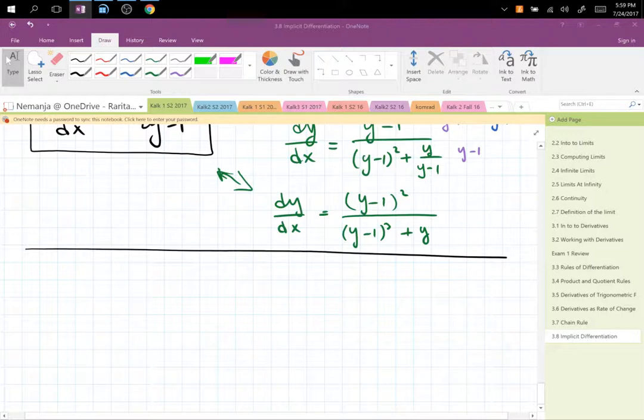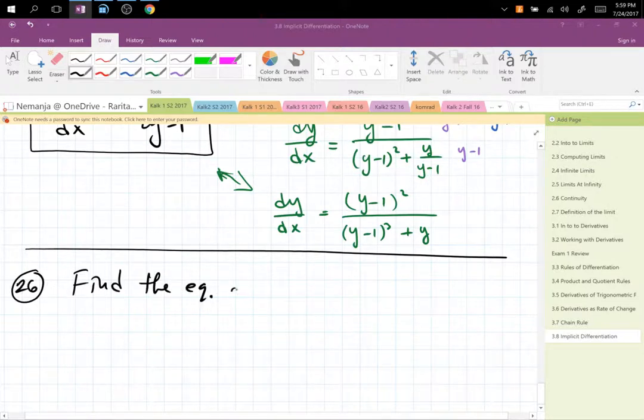One more problem, and this is going to be definitely the problem that we want to work on. Find the equation of the tangent line at the point -1, 1.